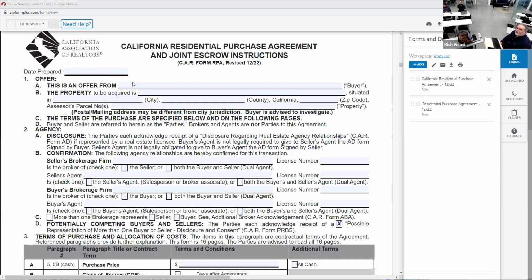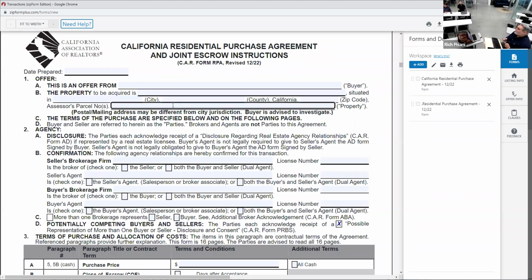This is an offer from the buyer. The property is, this is the address, in what city, in what county, and the zip code, and then the parcel number.